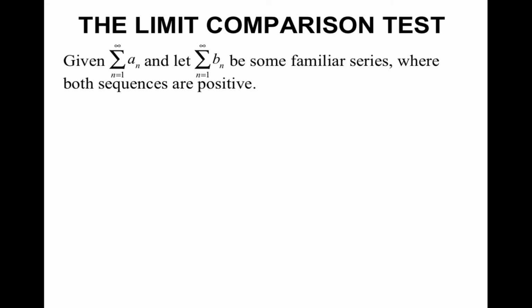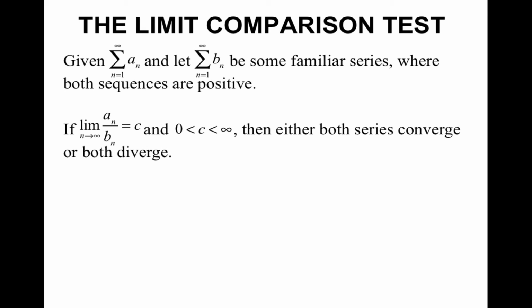All right, now we also have what's called the limit comparison test. This test says that given some series a sub n and another series b sub n, which is a familiar series, where both sequences are positive, if you were to take the limit as n approaches infinity of the original series over the familiar series, and if that equals some constant, where that constant is between 0 and infinity, then either both series converge or both diverge.